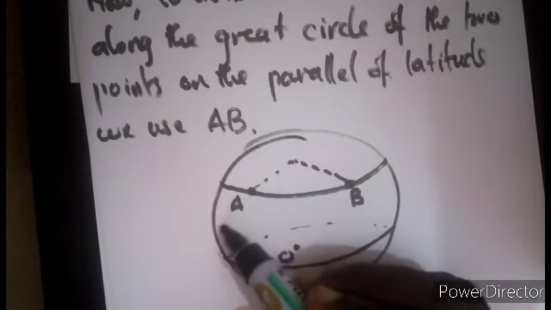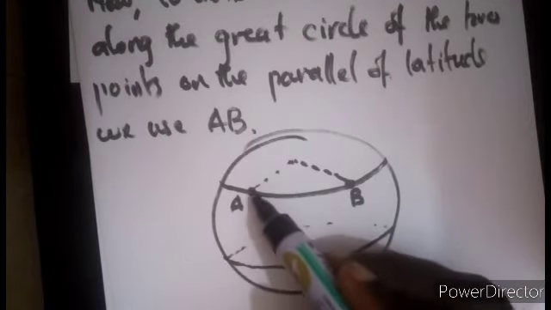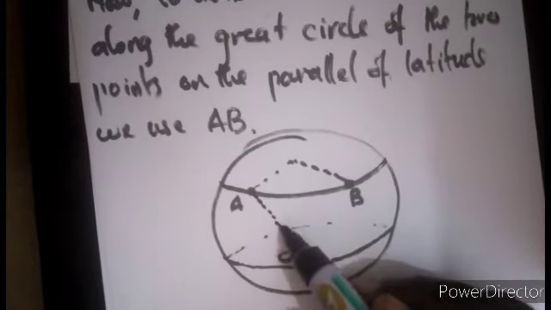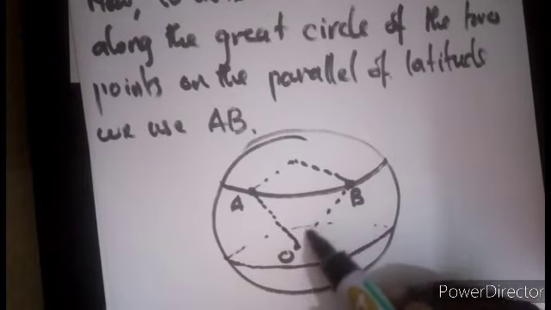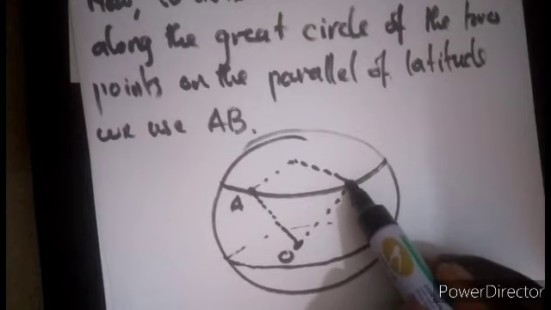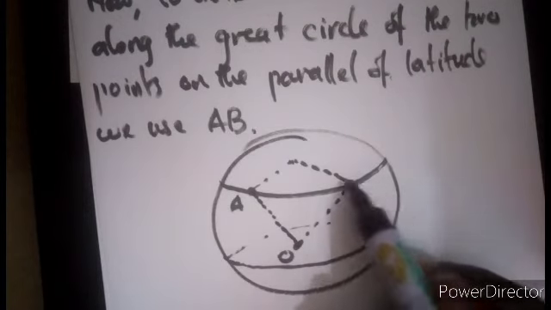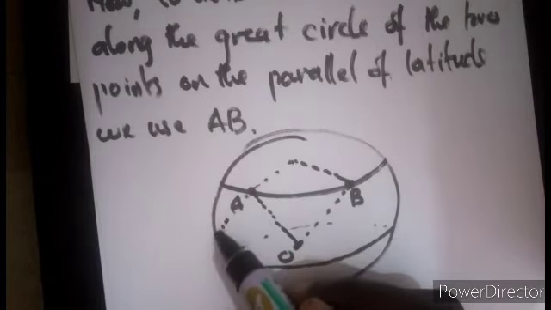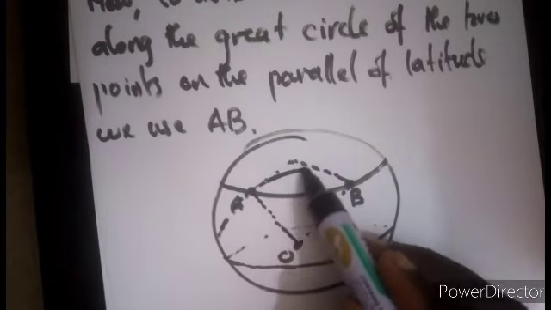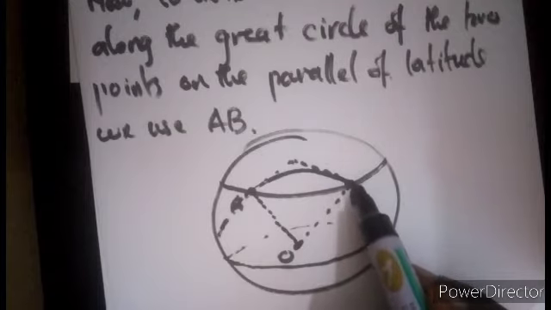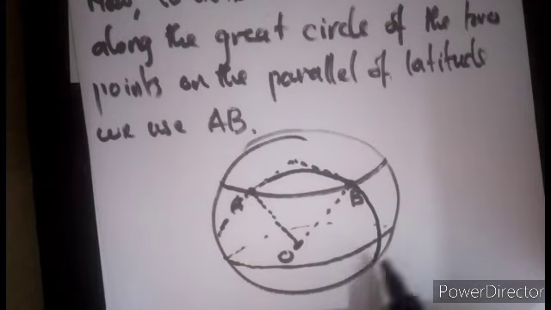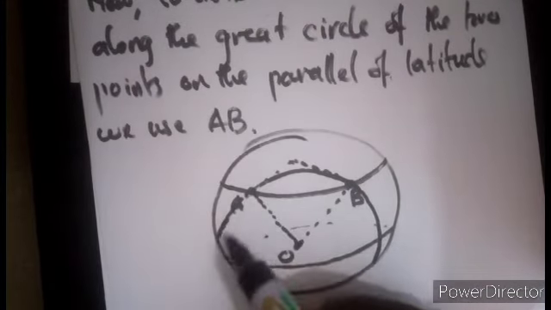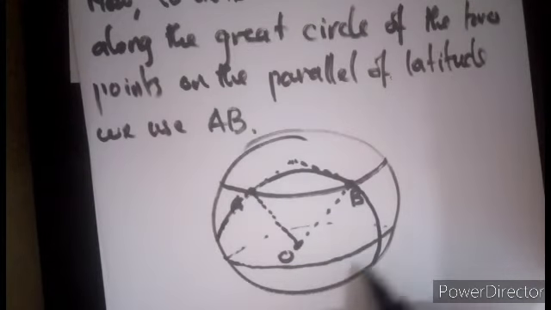And that great circle, if you think of the great circle that will pass through A and B, I will illustrate that. Imagine a great circle that runs around the globe in this direction.